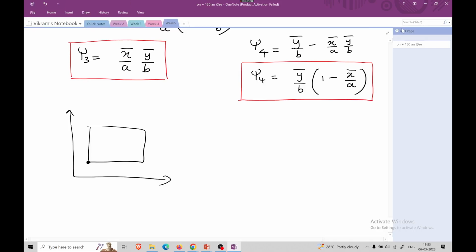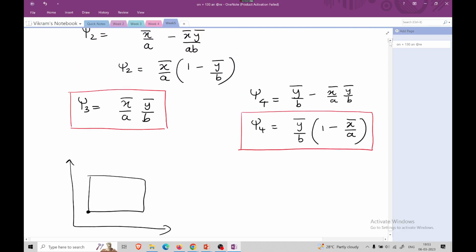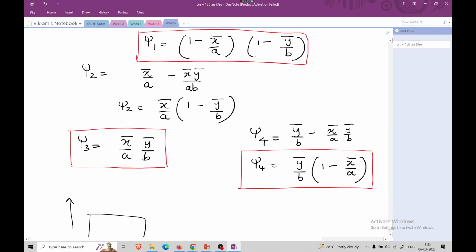Anyway, we'll try to write it in terms of x and y itself. Psi 1 is equal to 1 minus x minus 1 by 2.5, 1 minus y minus 1 by 2. Okay, this will be 3.5.